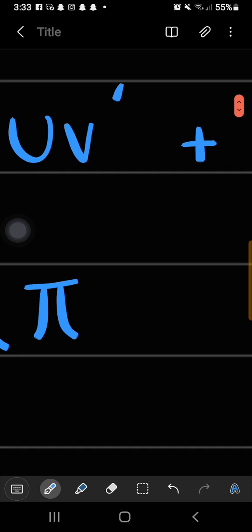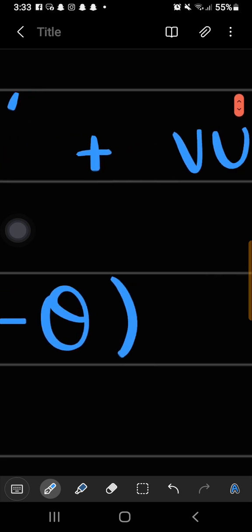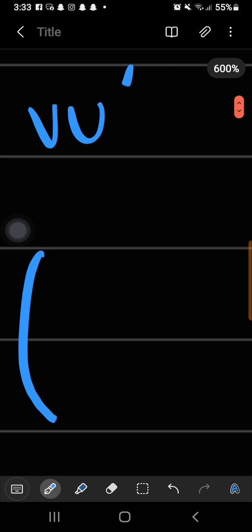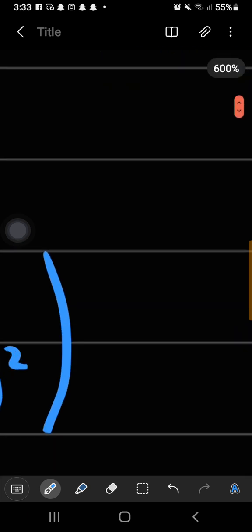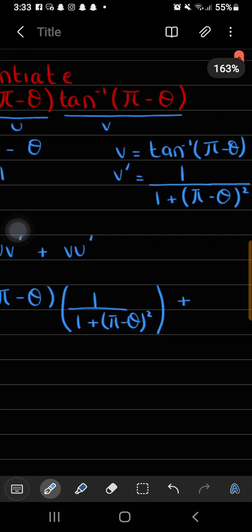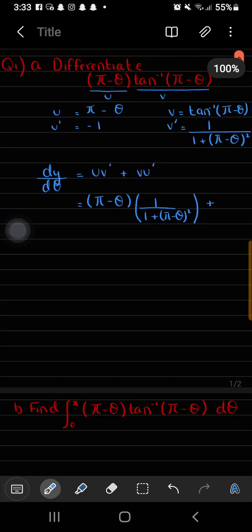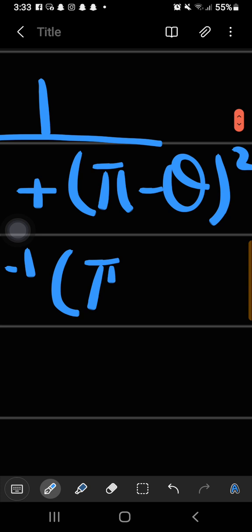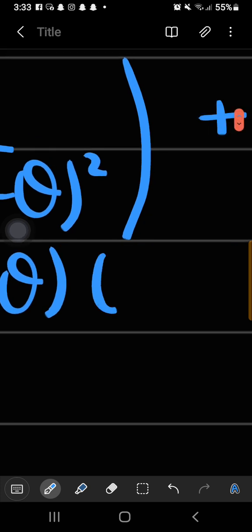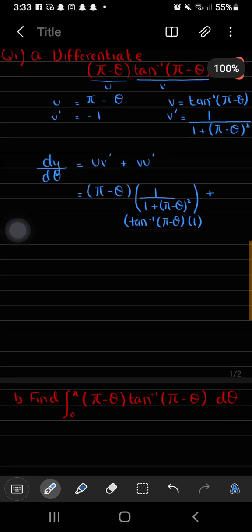So u is pi minus theta and v prime is 1 upon 1 plus (pi minus theta) whole square, bracket close, plus tan inverse (pi minus theta) multiplying with 1.